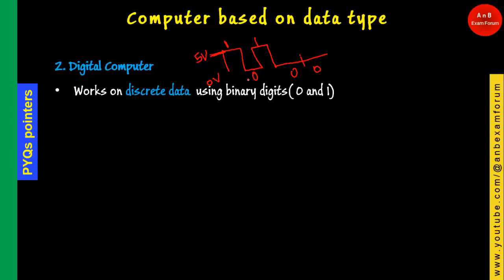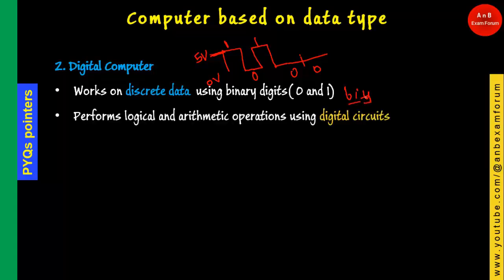Discrete data is what? It is binary digits, and sometimes it is asked in exam what is bits. It is the abbreviation of binary digits. And what is good in that digital computer is that it can perform logical and mathematical operations using digital circuits. So bits are there, and in order to do calculation, you need some circuits.